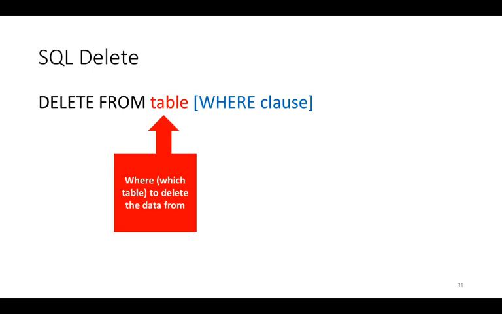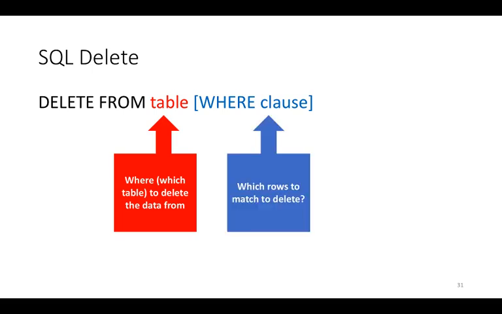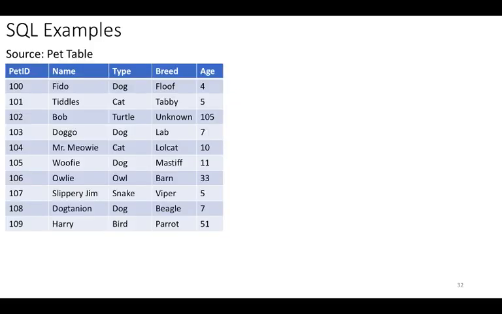And optionally, which rows to match to delete. So another where clause, which rows come out that we will delete out of the database. Again, if I just do delete from pet, everything goes, everything matches. Or we can put where queries in, we can put logic predicates in, and we can limit what goes on. So let's have a look.